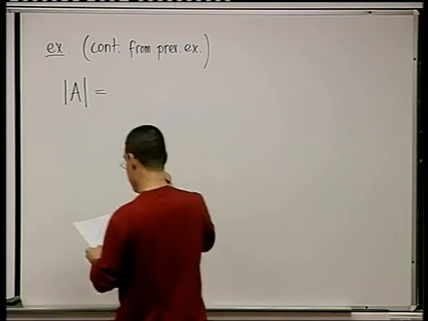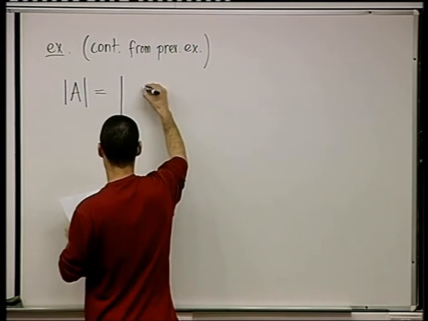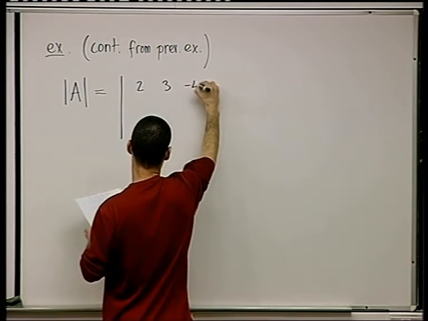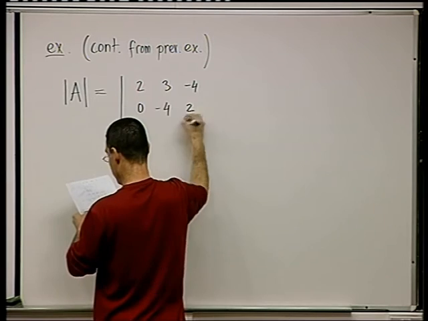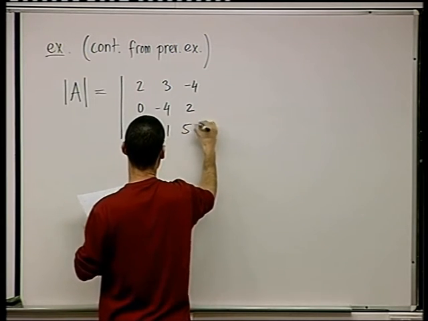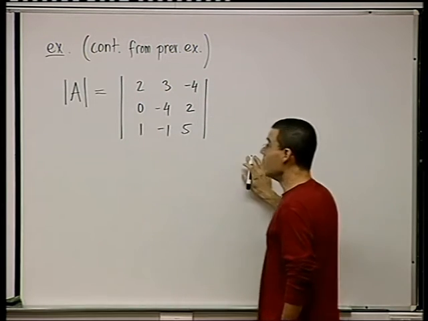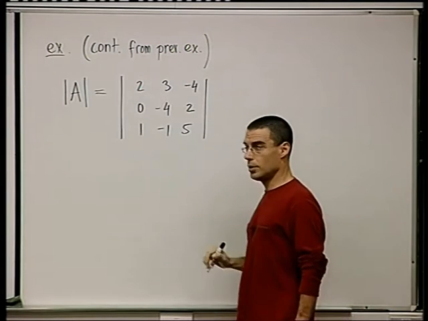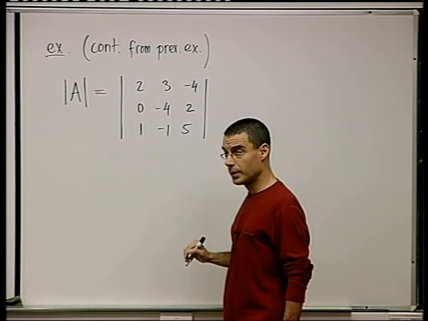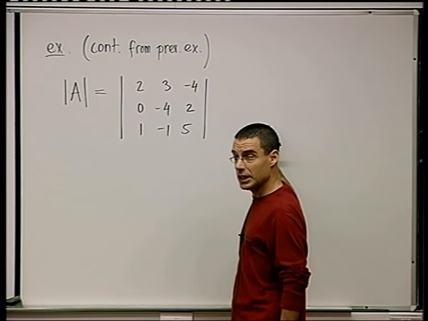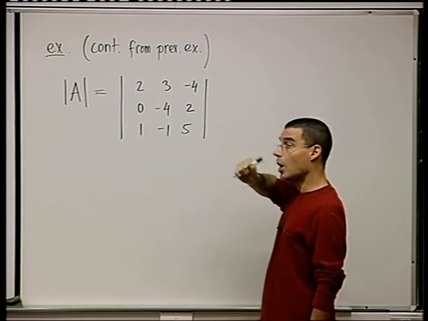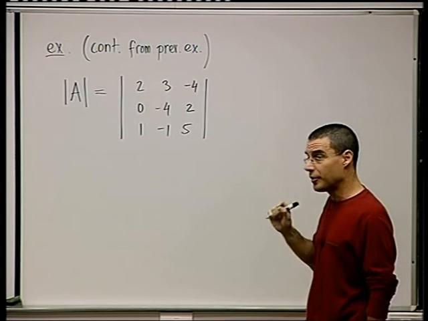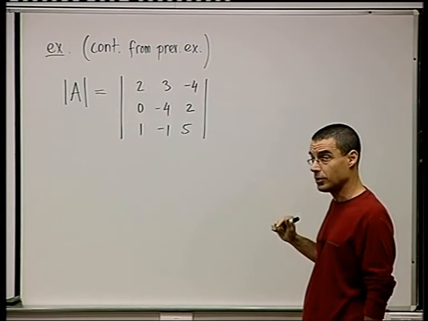So the determinant of A is what? I'm rewriting what A was: 2, 3, negative 4, 0, negative 4, 2, and 1, negative 1, 5. You can just choose your favorite row or column and calculate the determinant. Or we know we can do some operations as long as we pay careful attention to how they change the determinant.